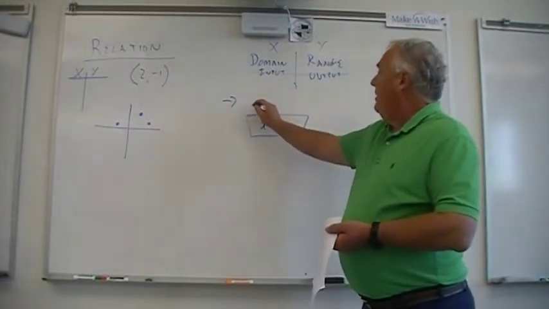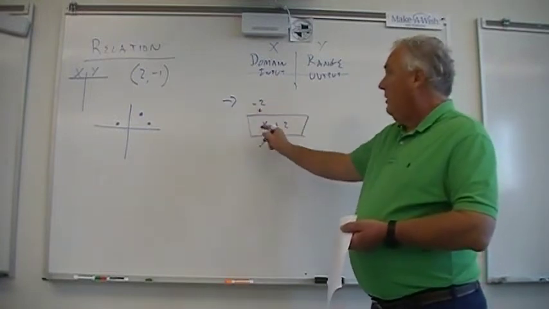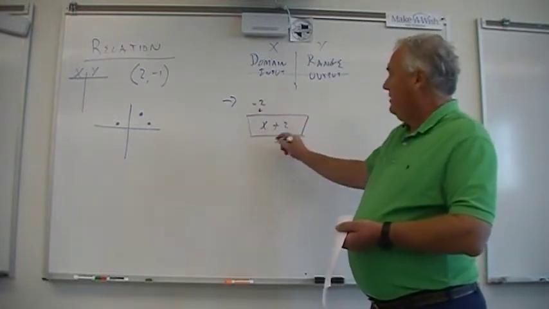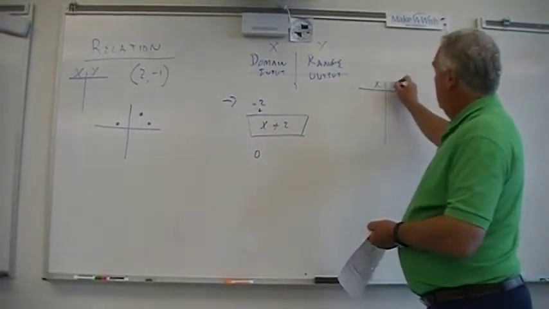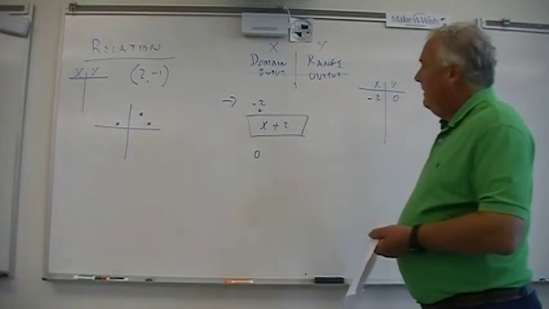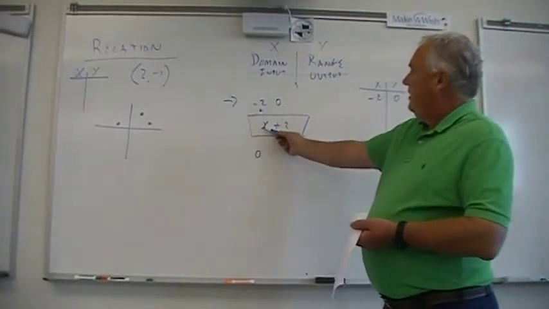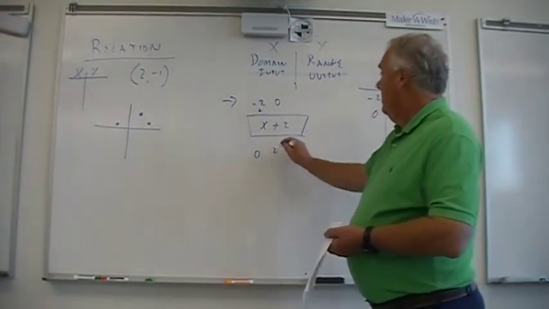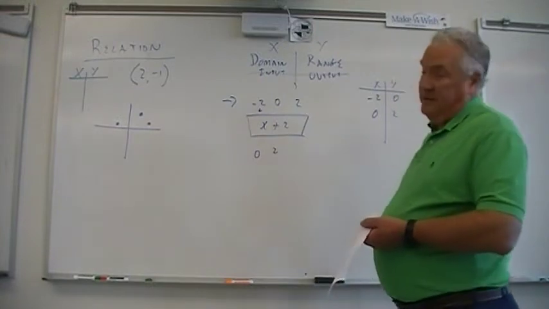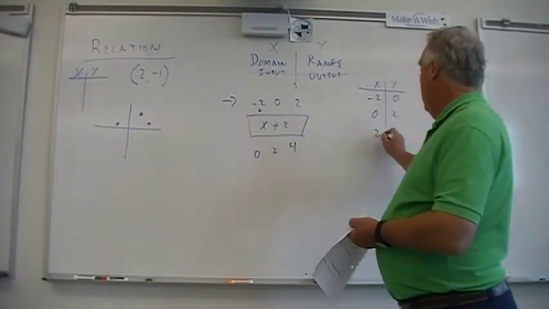Like, can I put in -2 into this? If I put -2 in, what's going to come out? -2 plus 2 is 0. What if I put in 0? 0 plus 2 is 2. What if I put in positive 2? 2 plus 2, and you get 4.